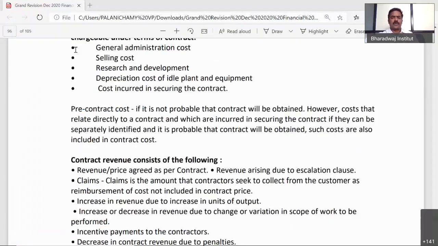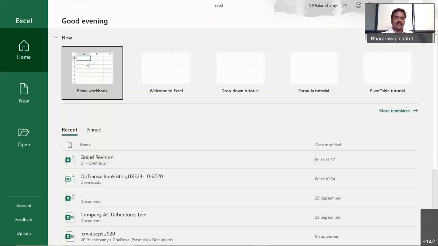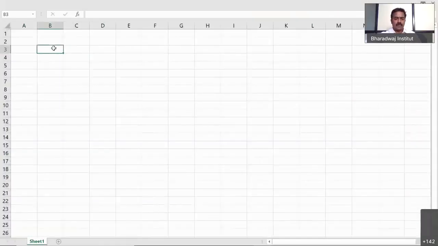How to recognize the profit or loss in contract costing? On what basis do you recognize the profit or loss? Work certified, sir. Okay, simple. If the work completion percentage is less than 25%, how much do you transfer to the P&L account?